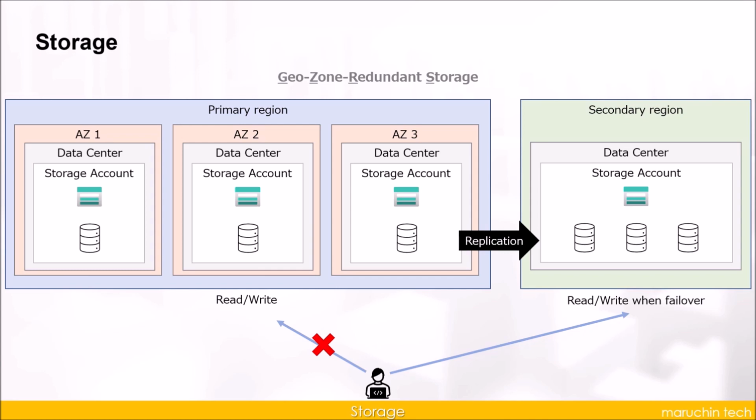The data in a GZRS storage account is copied across the 3 Azure availability zones in the primary region, and is also replicated to the secondary geographic region for protection from regional disasters. Lastly, with Read-Access Geo-Zone-Redundant Storage, or RAGZRS, you can read the secondary region even if the primary location is still up and running.